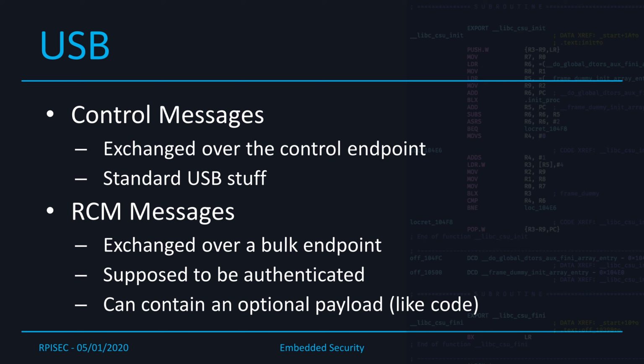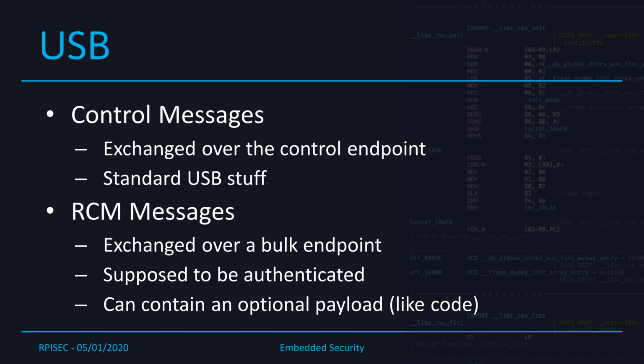All of these messages are supposed to be authenticated, and they can contain an optional payload that needs to be signed. Like you might have an RCM message that says, I want to load some chunk of code, and then your payload might be that code. And then the code needs to be signed, of course, for security.